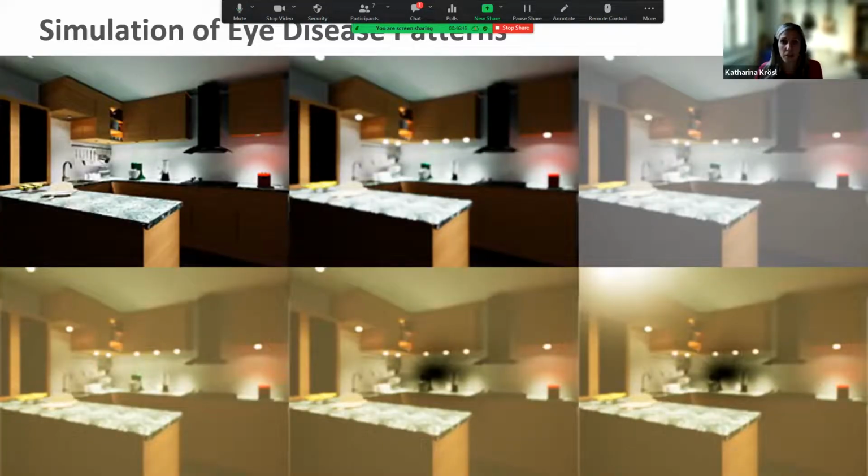And this is why we developed an effects pipeline to combine different simulated symptoms and create simulations of complex disease patterns. And the World Health Organization identified cataracts as one of the leading causes for vision impairments. And therefore we picked cataracts as our first target and created a cataract simulation.